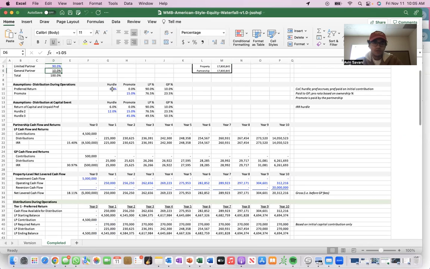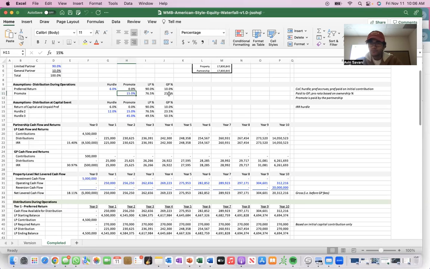Essentially you're going to have a hurdle rate. This is the preferred return that the limited partner wants to see in the deal. That's going to be right here. And then the promote is, if you exceed that return, what is the GP promote structure, right?